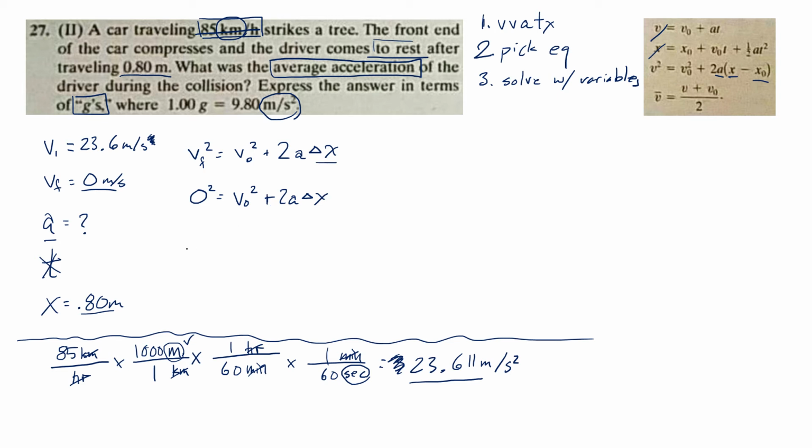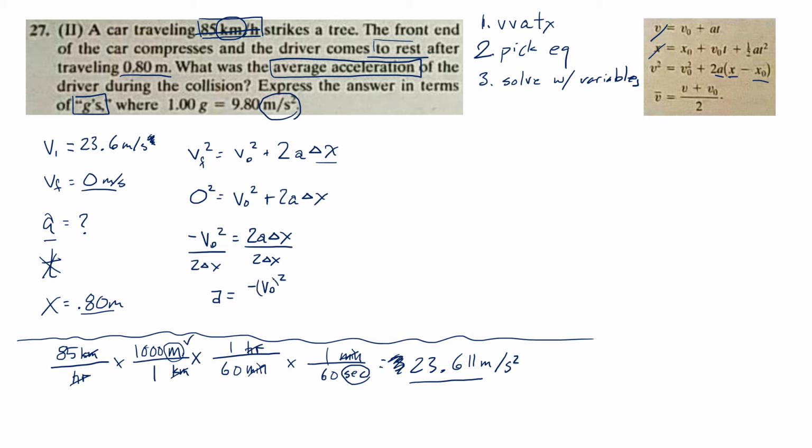Let's just simplify this. That means negative V naught squared is equal to 2a delta x, divided by 2 delta x. That means the acceleration is equal to negative V naught squared.